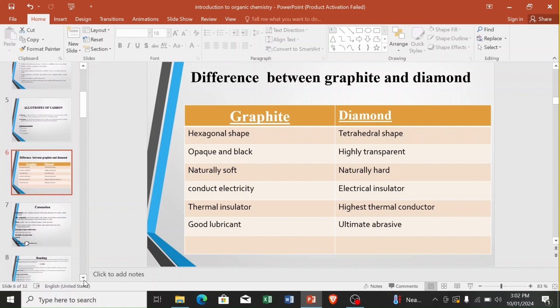So after knowing this, what we need to know about amorphous: it has no shape, it is shapeless, and we can say it is black also and opaque. However, we're not sure whether it is very hard, and it does not conduct electricity. It is a dormant allotrope of carbon.